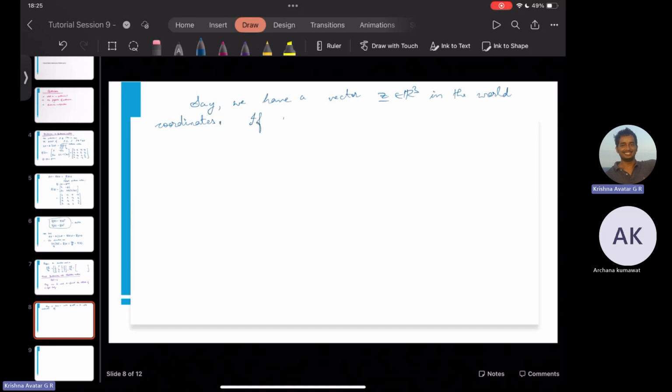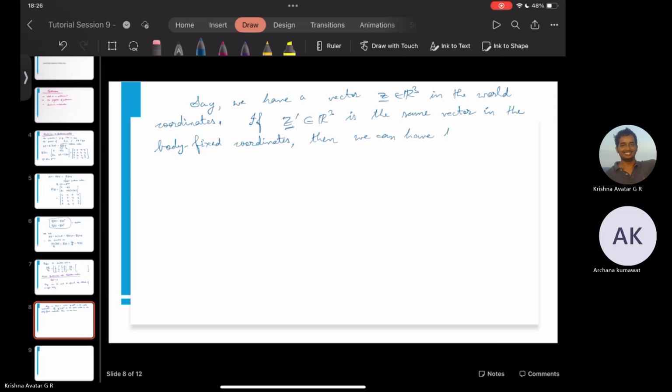And if Z prime, also an element of R3, is the same vector in the body fixed coordinates, then we can have the following relations.